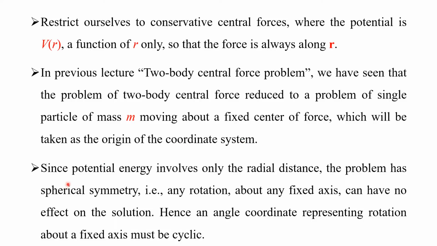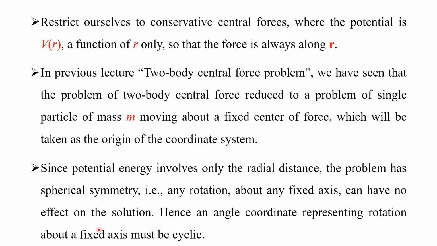Since potential energy involves only the radial distance, the problem has spherical symmetry. That is, any rotation about any fixed axis can have no effect on the solution. Hence, an angle coordinate representing the rotation about a fixed axis must be cyclic.